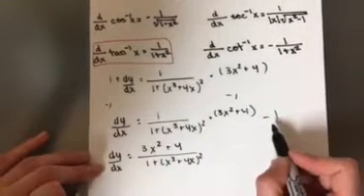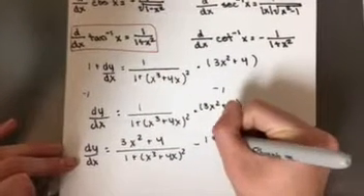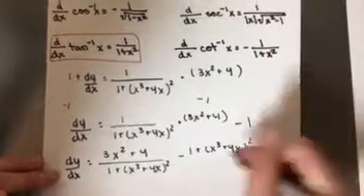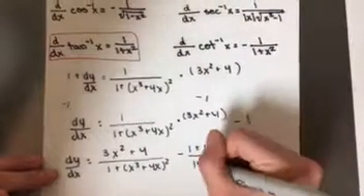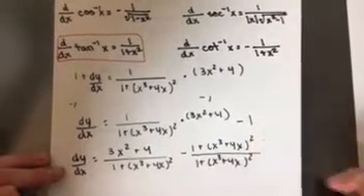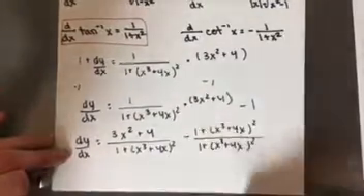And then this negative 1 can change to (1 plus (x cubed plus 4x) squared) all over (1 plus (x cubed plus 4x) squared). So you both have the same denominator, so you can subtract this from that.